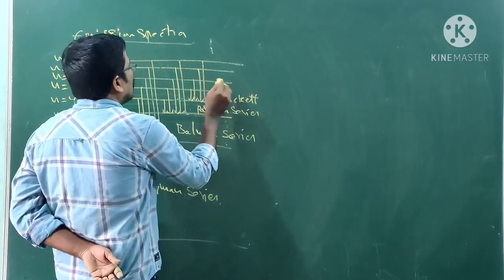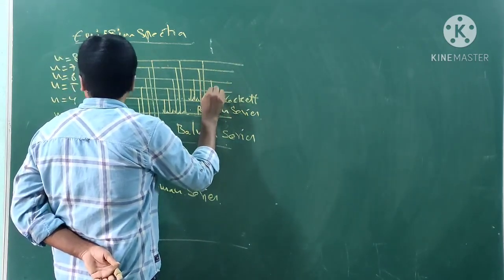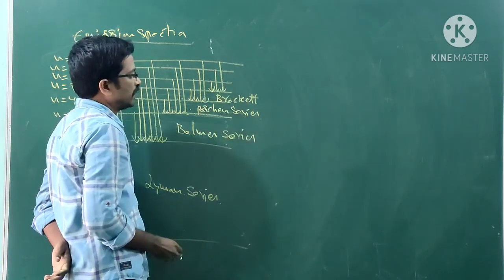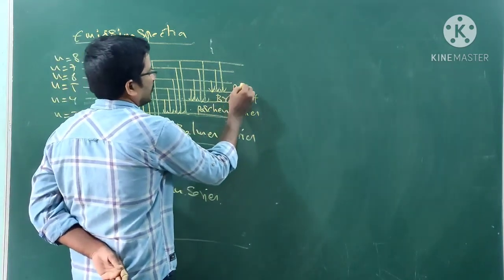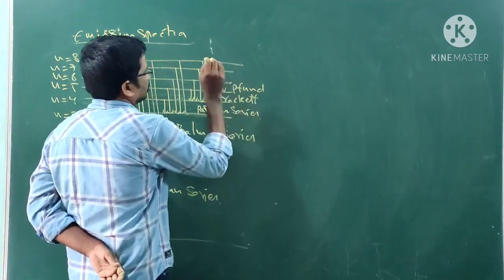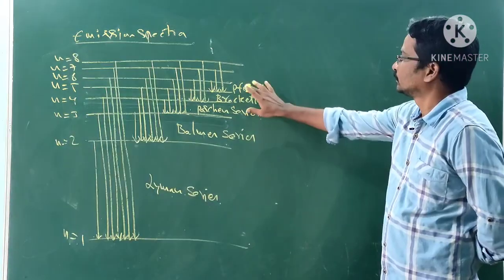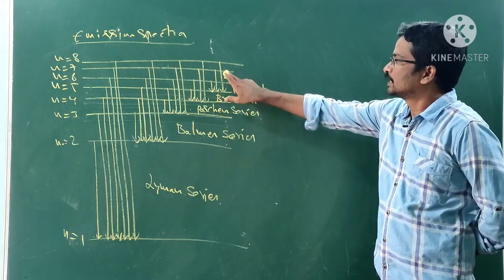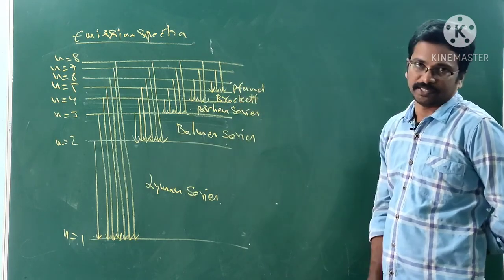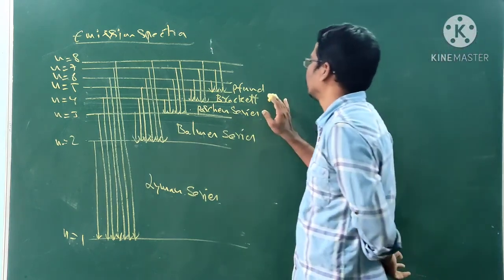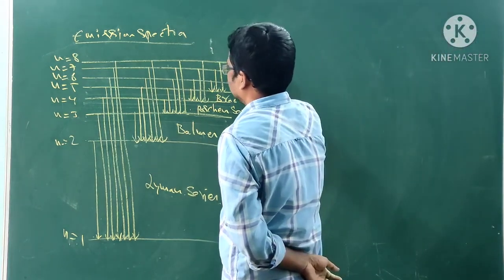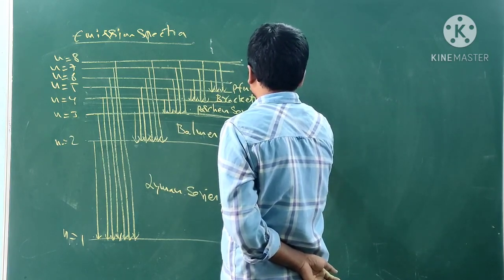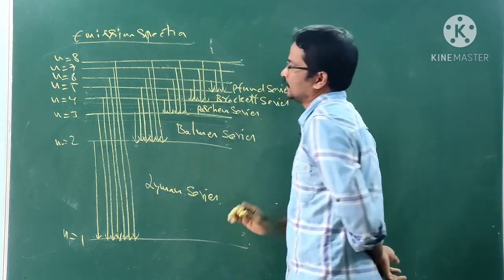Next one: electron comes from any level to the fifth level, which is known as Pfund, P-F-U-N-D. Sixth to fifth, seventh to fifth, eighth to fifth is known as the Pfund series. Like this you can understand: Lyman, Balmer, Paschen, Brackett, Pfund series.